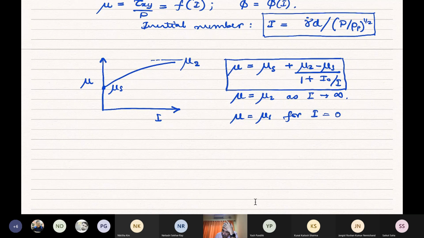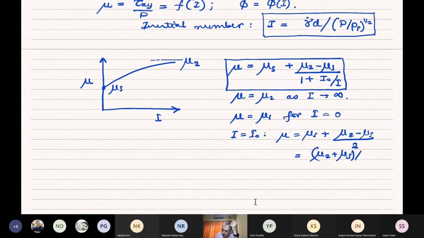And when I is equal to I0, what you get is mu is equal to mu s plus mu2 minus mu s divided by 2. So, if you simplify this, you'll see that mu is just equal to mu2 plus mu s by 2.